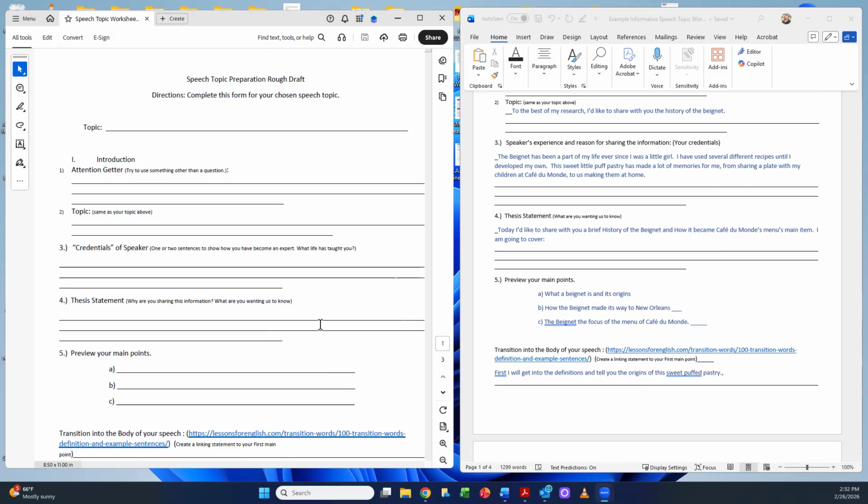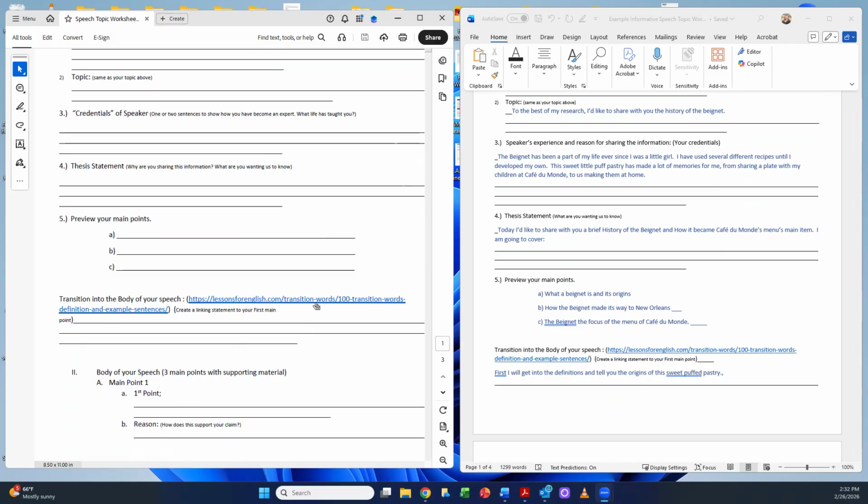In this document, you can see a link that will lead you to transition words. Sometimes you get stuck in a rut by using the same words over and over and over again. These types of links help you get out of that rut, and give you more of a variety of words to use. So don't be afraid to look up things.